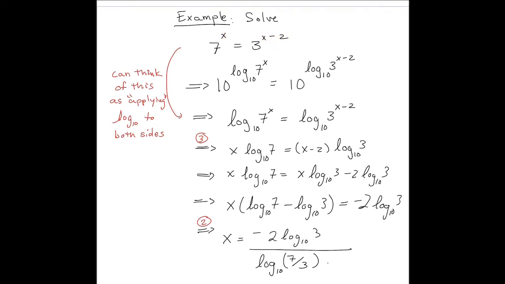So what I'm going to do here is rewrite the left-hand side as 10 to the log base 10 of 7 to the x. That is 7 to the x. And I'll do the same for the right-hand side. So basically, I'm changing the base of the exponent this way.